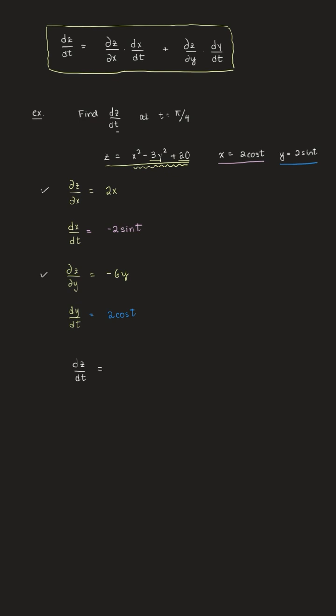So we know the partial with respect to x is 2x, and we multiply that by the derivative of x with respect to t, which is negative 2 sine t. And to that, we're going to add the change caused in the direction of y. So that will be negative 6y, the partial with respect to y, times dy/dt, which is 2 cosine t.